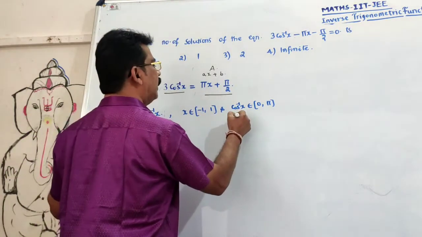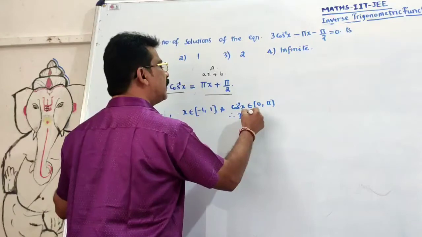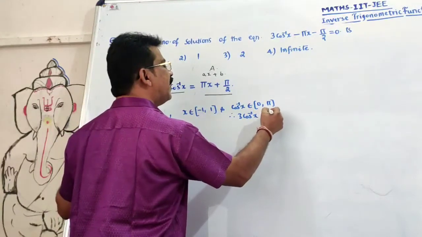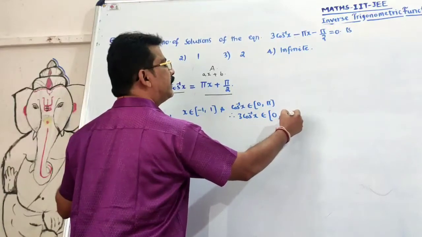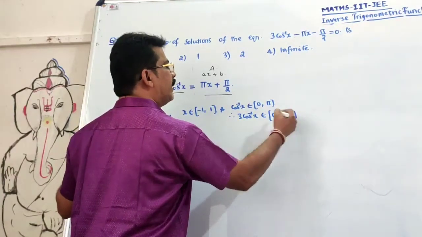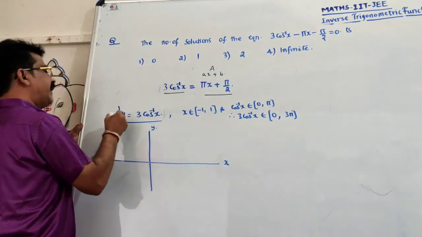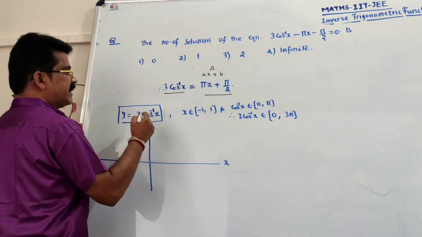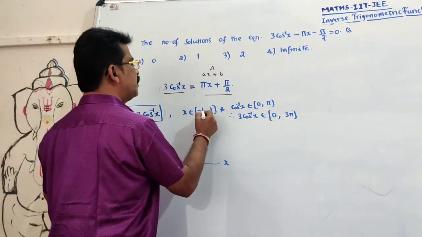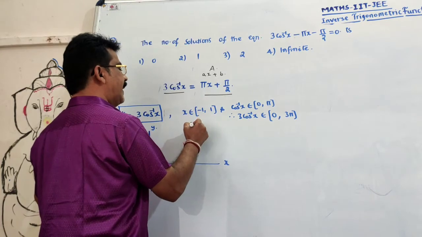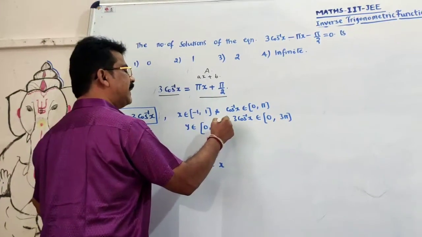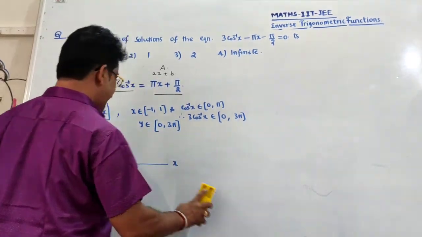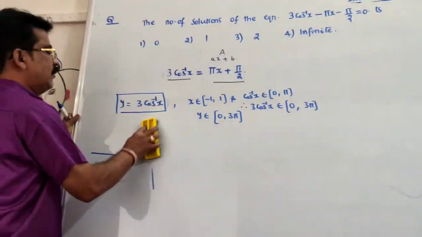So 3 into cos inverse x belongs to the closed interval of 0 comma 3 pi. So if y equals 3 cos inverse x, x belongs to [-1, 1], and y belongs to [0, 3 pi].